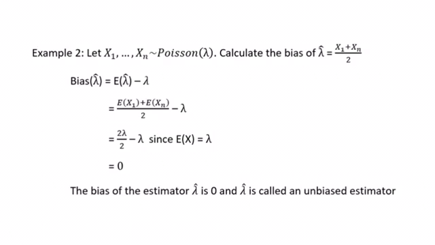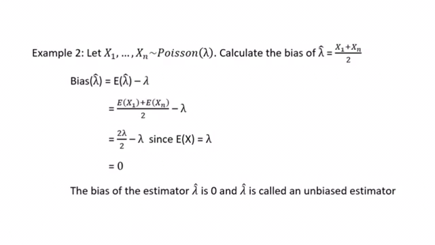By the properties of expectation, the expectation of X1 and Xn can be separated into the expectation of X1 plus the expectation of Xn. Since the expectation of any X is lambda, we have the bias equal to 0, and lambda hat is therefore an unbiased estimator.